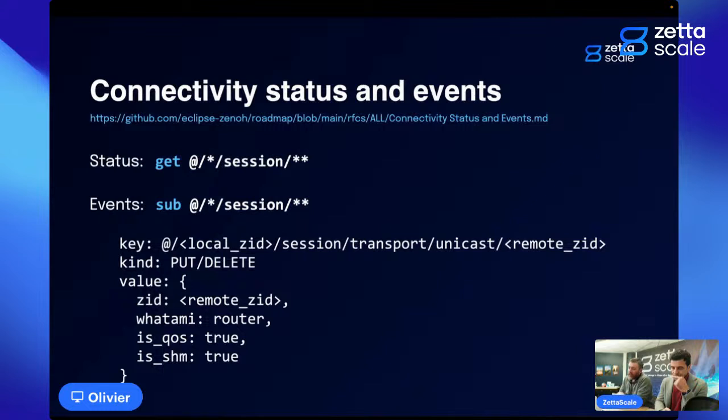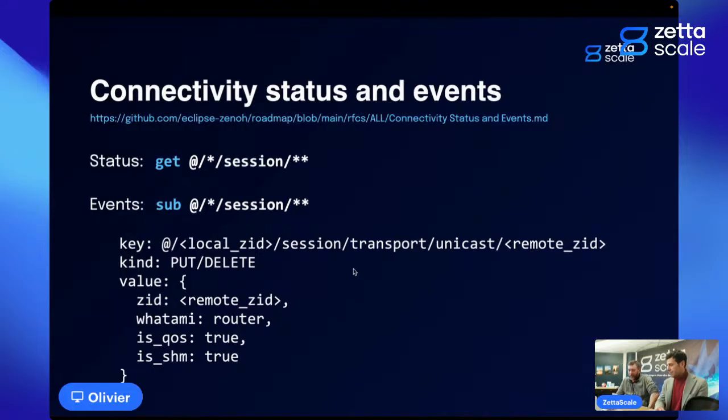So, connectivity status and events. By simply issuing a query on this key expression, @/*/session/*, or subscribing to this expression, you will get samples with a key like this, where you can see your local ZID, you know it, but you also see the remote ZID.